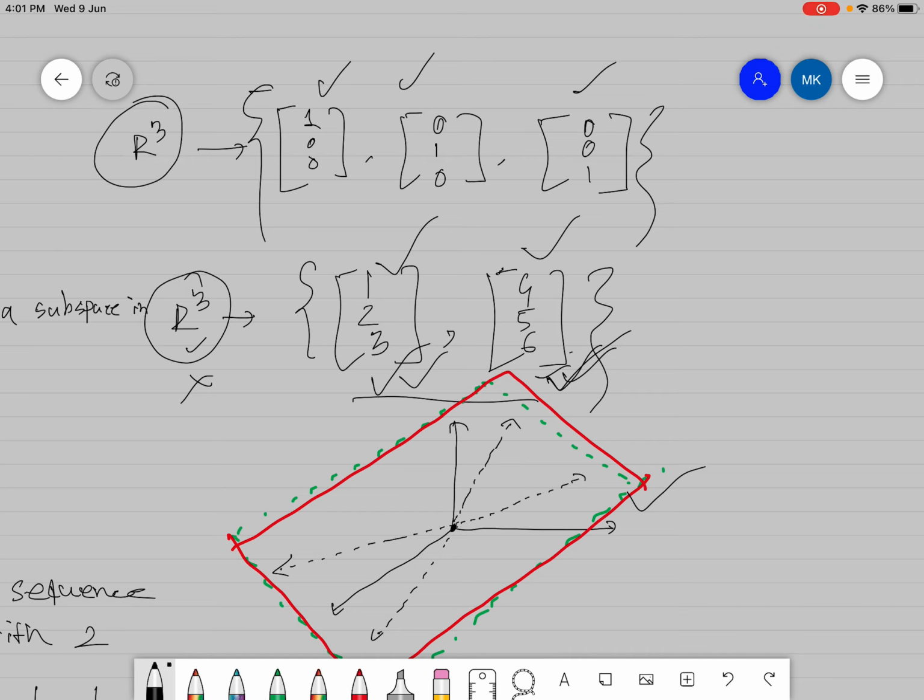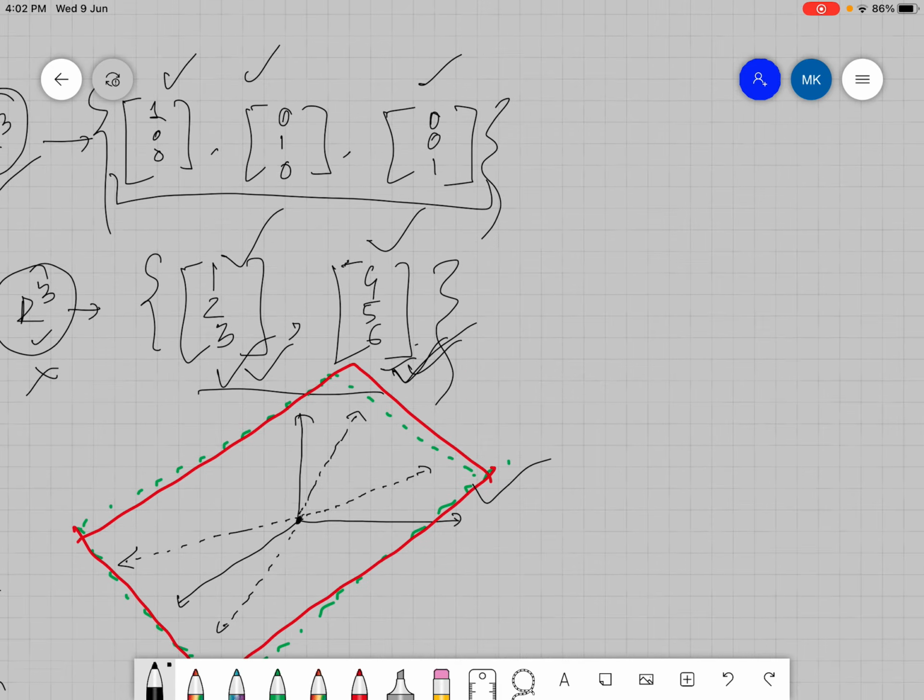So in other words, you'll always have to have three vectors inside the basis to span the whole of R3, or to be a basis you need to have a set of three vectors. So this is common for all the bases.